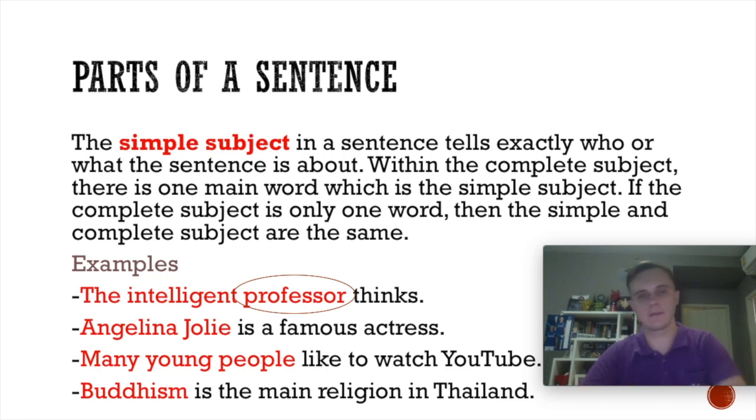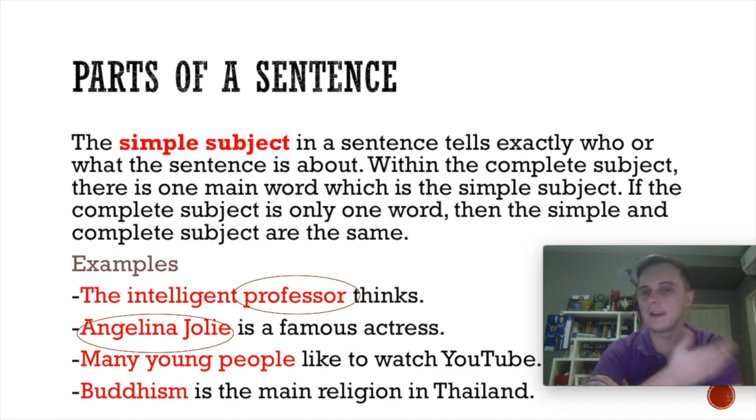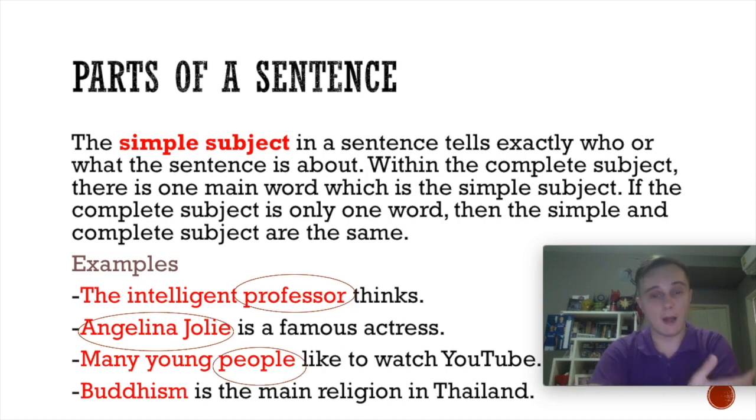Okay, next one. Angelina Jolie is a famous actress. Now this one is actually two words because we've got the first name and the second name. So the simple subject is the same as the complete subject here. Next one. Many young people like to watch YouTube. What is the simple subject from many young people? Okay, people. So I could just tell you people like to watch YouTube, and that would make sense.